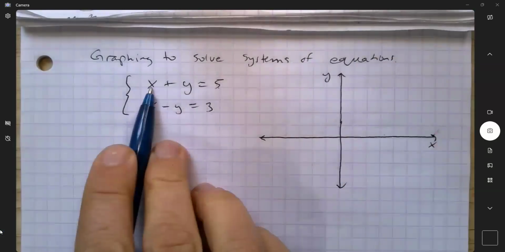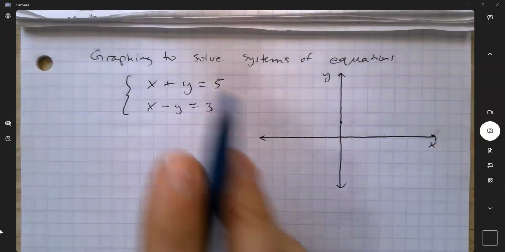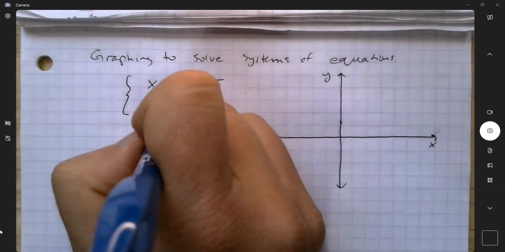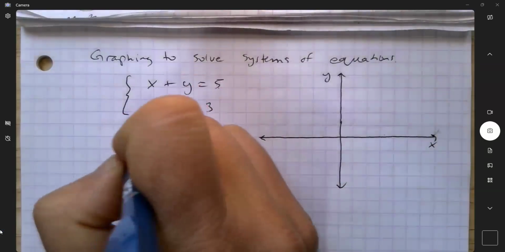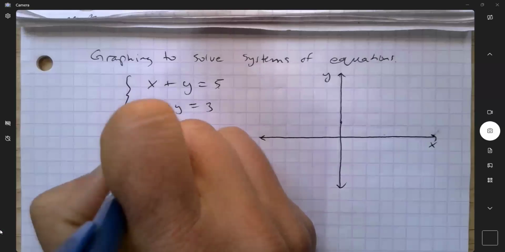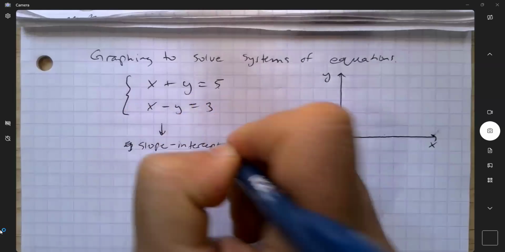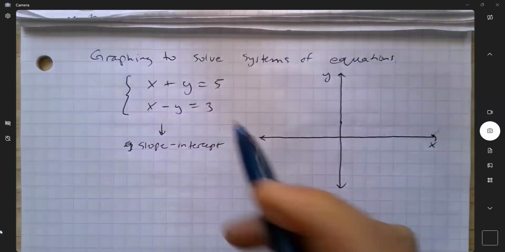I talked about how to graph a linear equation in standard form, but it might be easier to get both of these into slope-intercept form, because it'll be easier for us to graph.